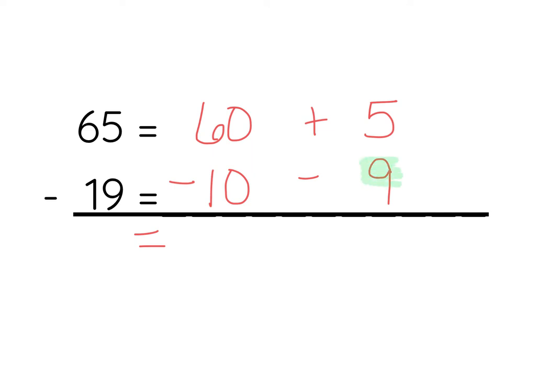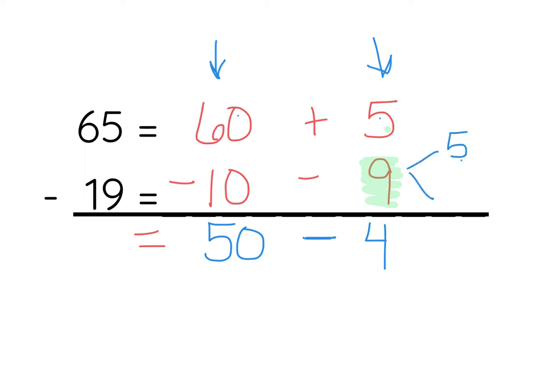Notice that a 9 is larger than a 5, so that's going to put us into the negative. We can now just subtract your tens column. 60 minus 10 equals 50. 5 subtract 9 is a negative 4, because minusing 5 gets me to my 0, and then I have 4 more to subtract. Use your partner practice and say 50 minus 4 equals 46.